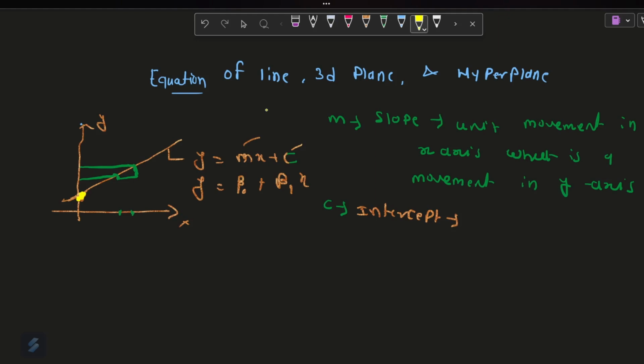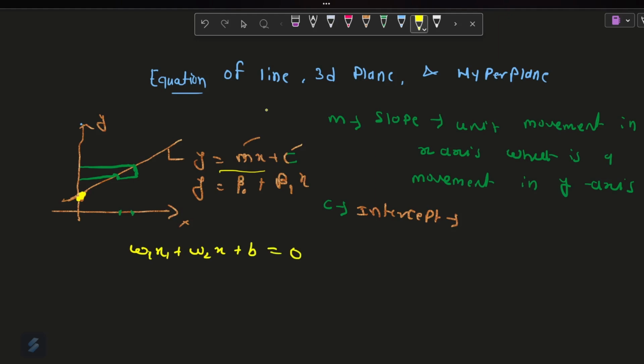This is the equation of a line, and let's understand another way of writing the equation of a line: w1 x1 plus w2 x2 plus b is equal to 0.